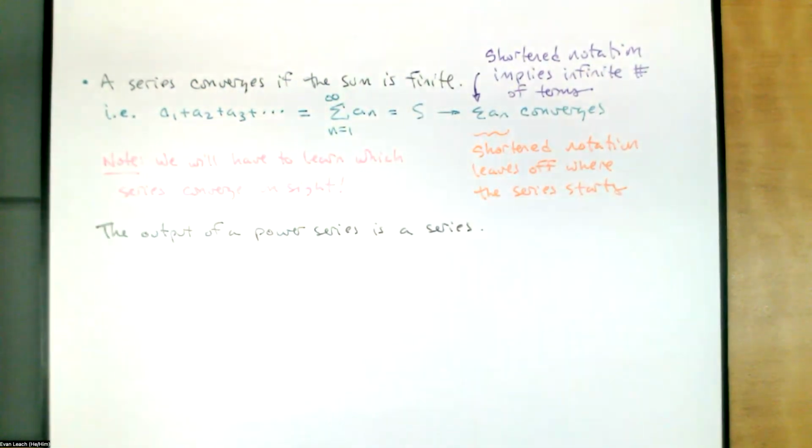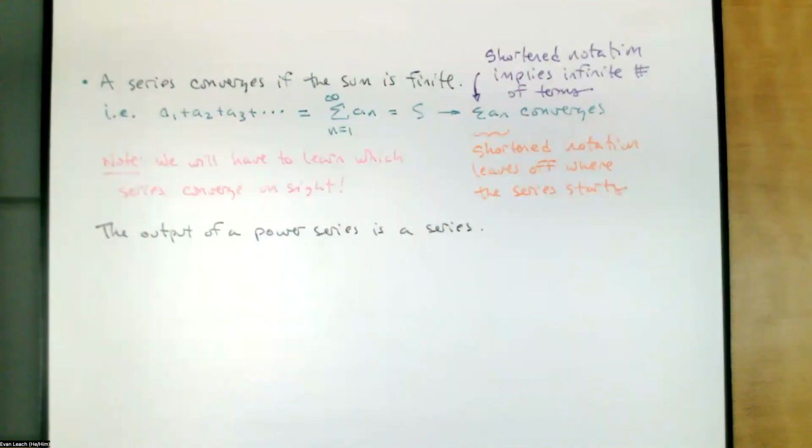This is why we have to look at a series and decide if it converges immediately. The output of a power series is a series. So in the case of a power series, we have to know what we can plug into the power series so that we get a convergent series.